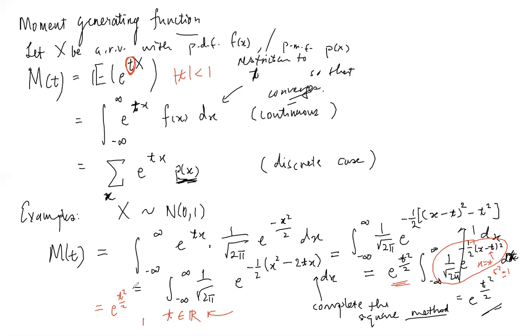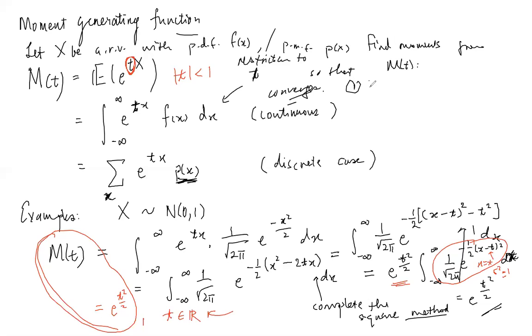Okay, so once you have worked out the moment generating function of this standard normal, from here you can find its moments from M(t), and there are several ways to do this. The easiest one is to use calculus. You take the derivative d/dt, differentiate, and then set t to 0.